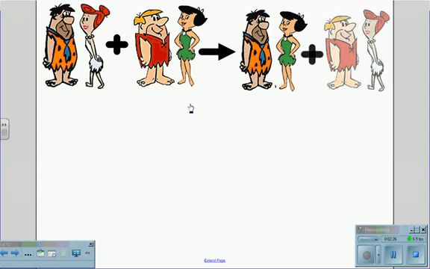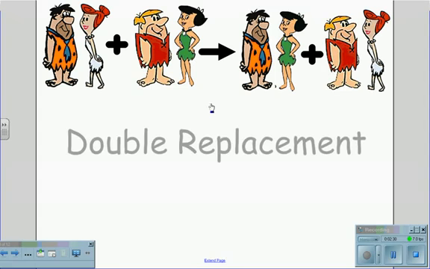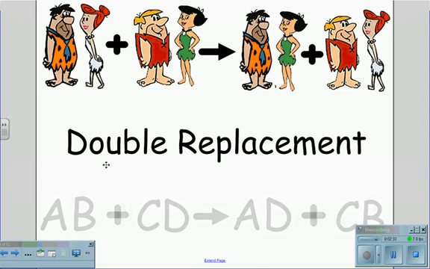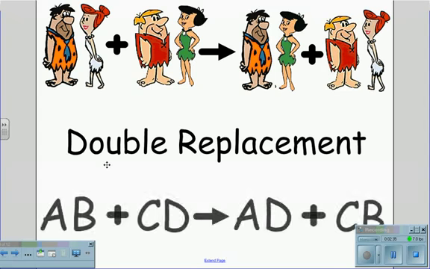In this case, we are exchanging two partners, this being double replacement. AB compound breaks down along with CD compound, which breaks down, and you end up with compounds AD plus CB.